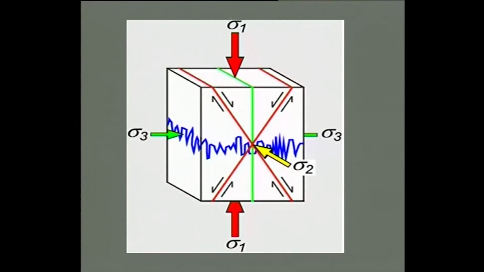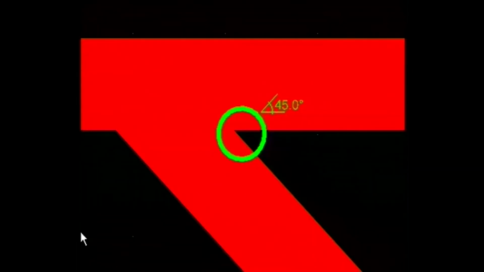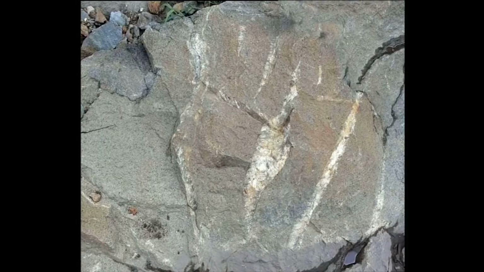The acute angle relationship between the shear fractures developed together with the pinnate fractures in case of brittle shears, and the tension gash fractures that develop in ductile shear zones, is the same.